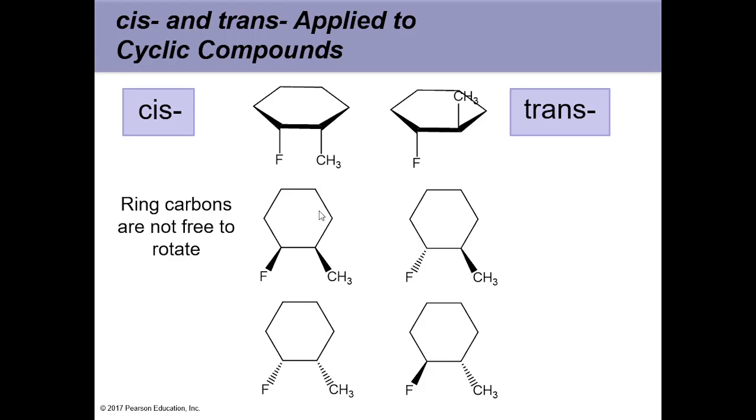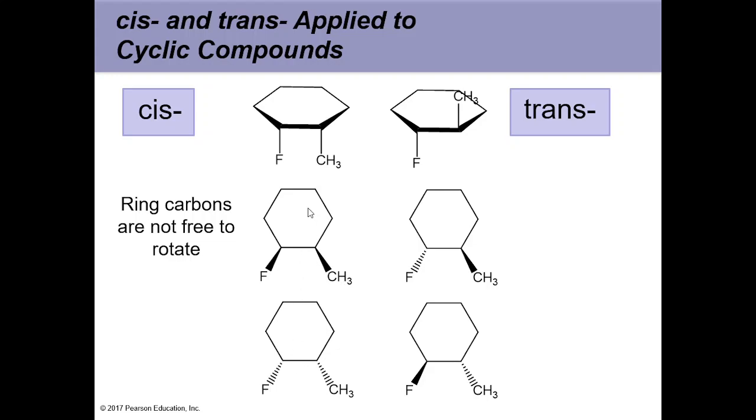That means we're trying to view this cyclohexene ring as a planar structure, and then the two solid wedge lines show you the substituent of fluorine and the substituent of methyl are pointing towards the viewer, out from the screen, in front of the screen. Or a dashed line showing you both substituents are behind the screen or pointing away from you.